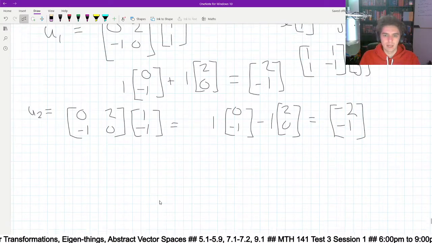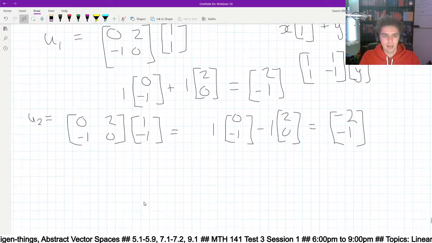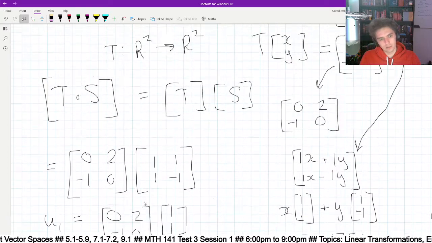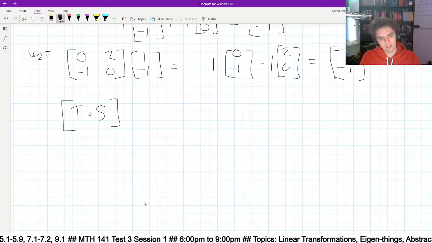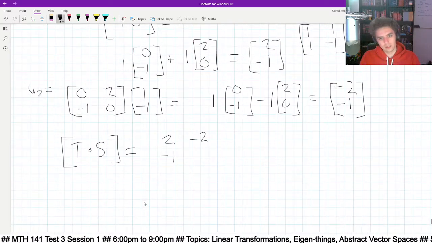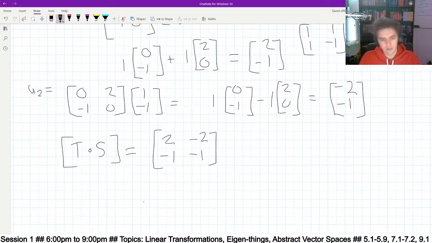And so the matrix representation of T of S equals column 1, (2, -1), column 2, (-2, -1).